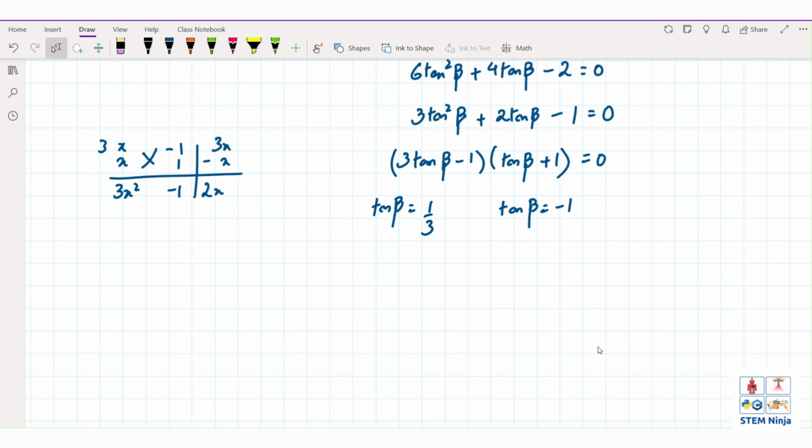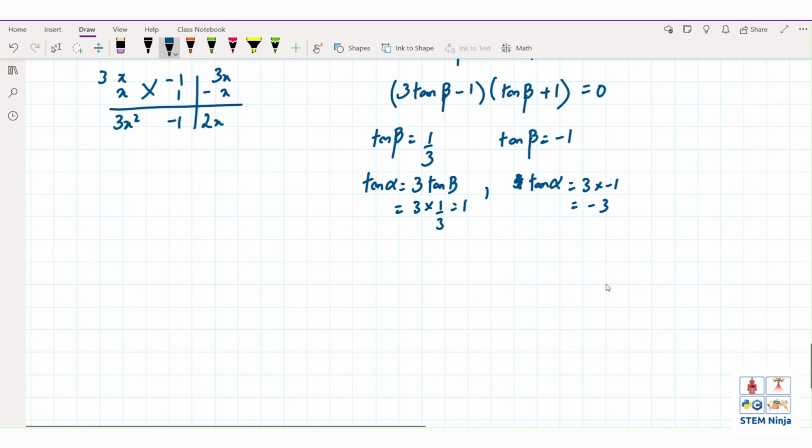Now, if this is the case for tan beta, remember tan alpha is 3 times tan beta. So we could actually go for that also. Tan alpha would be 3 tan beta. So 3 times 1 over 3 is 1, and tan alpha would be 3 times negative 1, so minus 3.